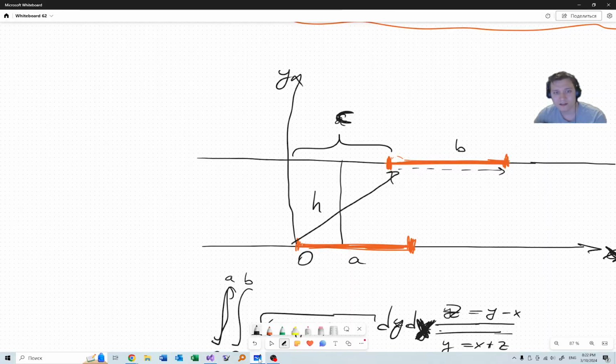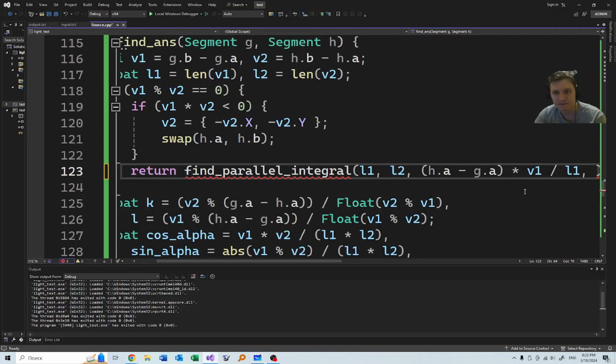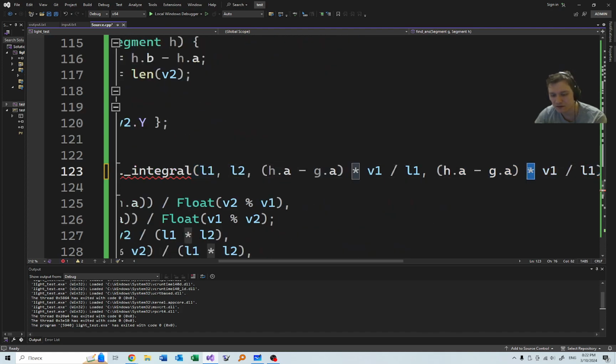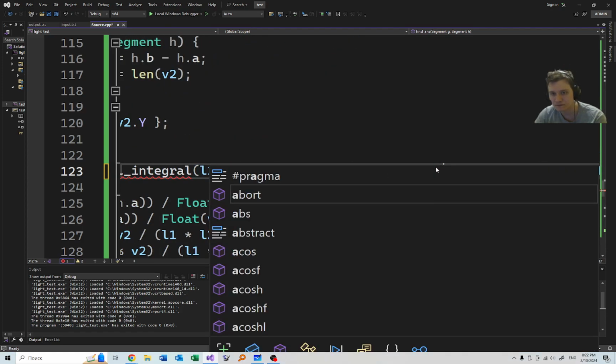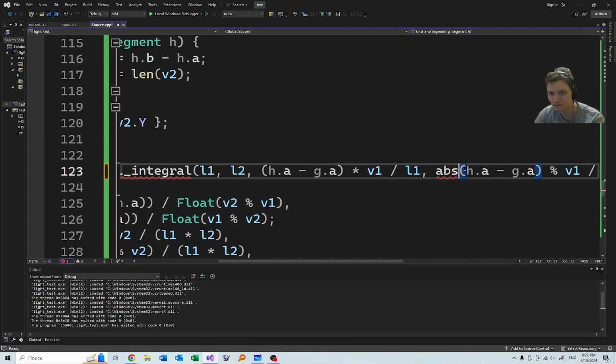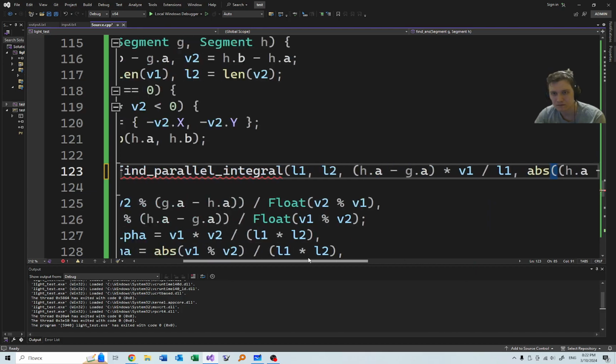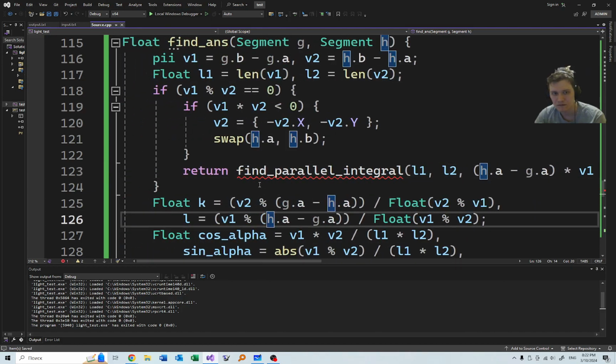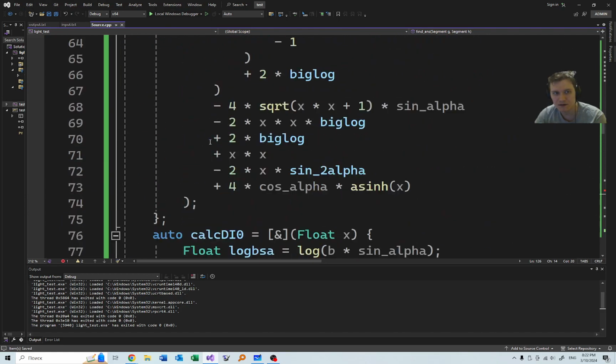And finally h, and h is the same thing but with the perpendicular vector. Okay, let's write this function.